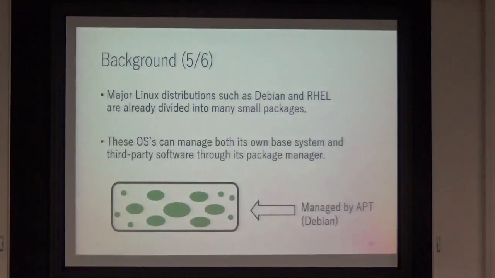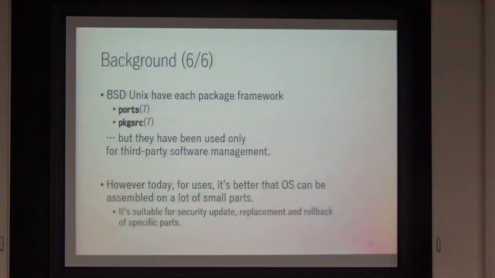Major Linux distributions are already divided into many small packages. These OSs can manage both their own base system and third-party software through a package manager such as apt, dpkg, yum, and rpm. On the other hand, BSD Unix such as FreeBSD and NetBSD have their own package frameworks, ports and pkgsrc.